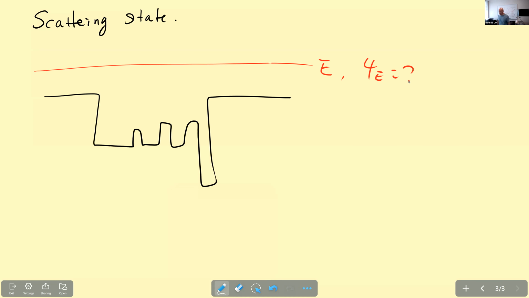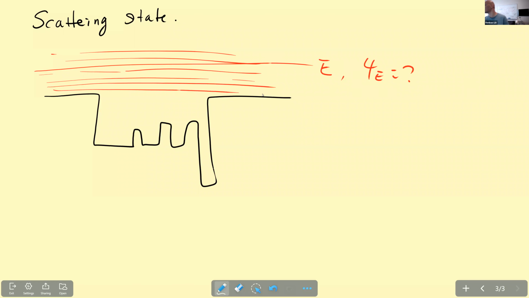And actually we can show that for all the energies above this, for E above V0, all these eigenvalues actually form a continuum.